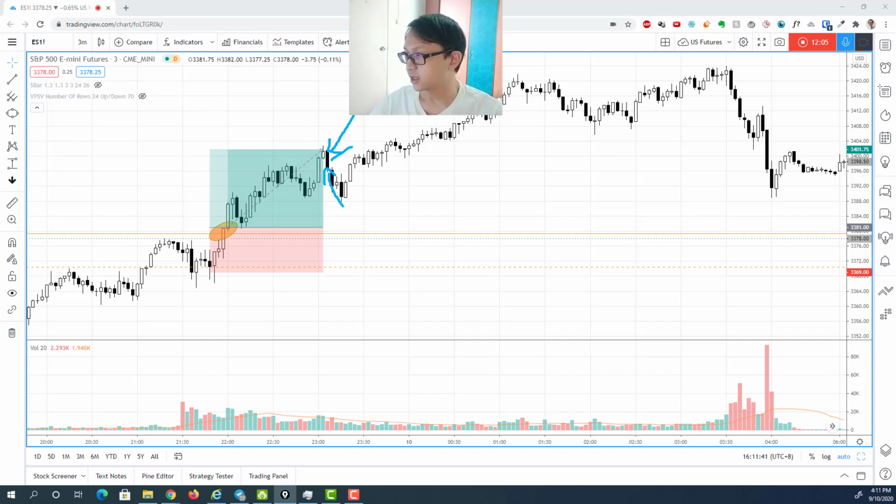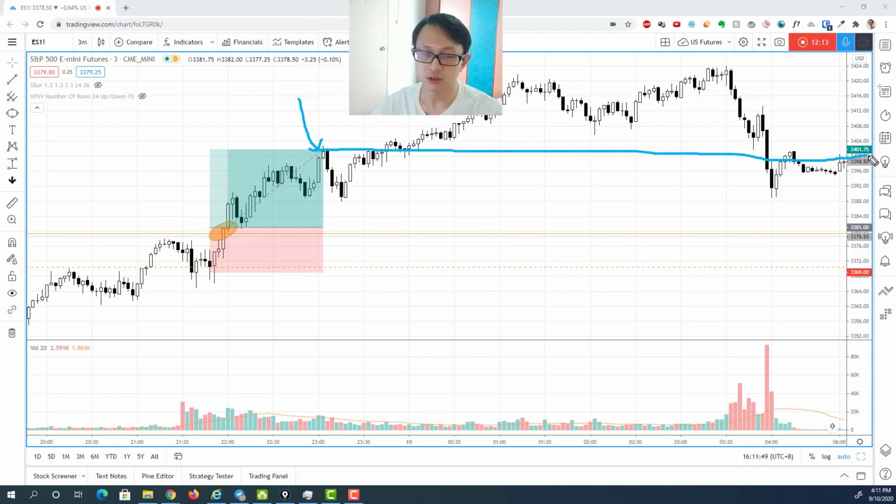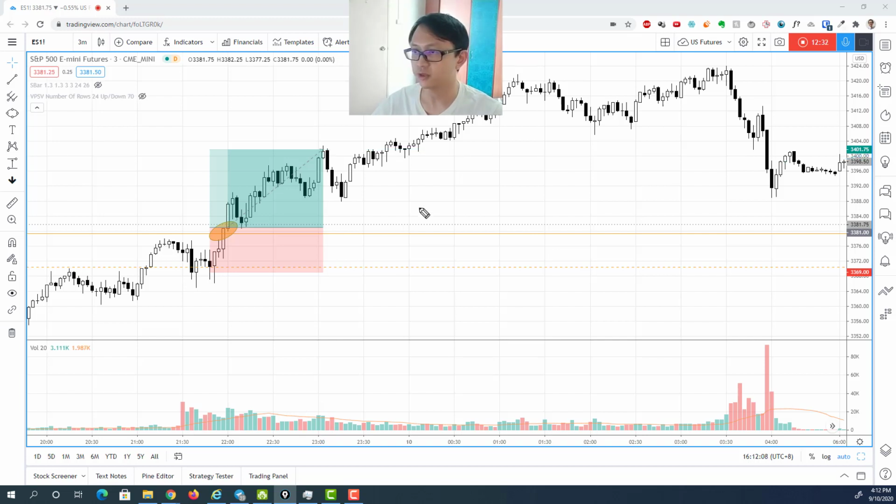So I just had an early exit to lock in my profits at this level, and if you pay close attention, the level corresponds to around 3400. I think it's a psychological level. I wanted to take the profit out and close the trade, and together with the effort versus results analysis suggesting presence of supply, this is how I exit my trade to lock in the profit.